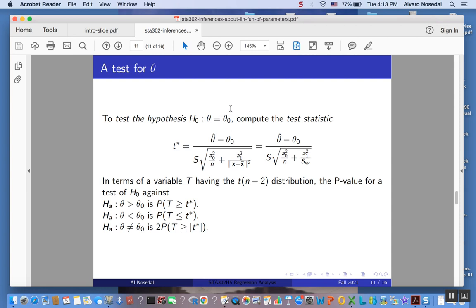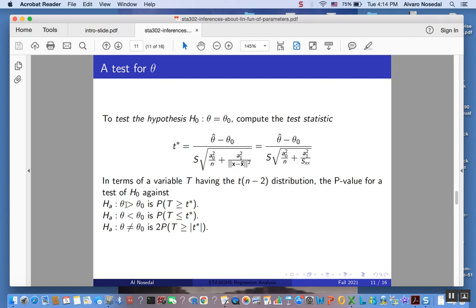And you know this from statistics 260, depending on the alternative, you are going to have a different expression for the p-value. Let me remind you that there's a correspondence between the direction of the inequality that defines your alternative hypothesis and the direction of the inequality that defines your p-value.